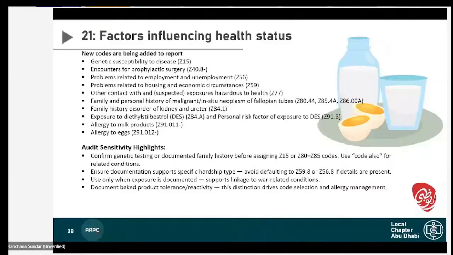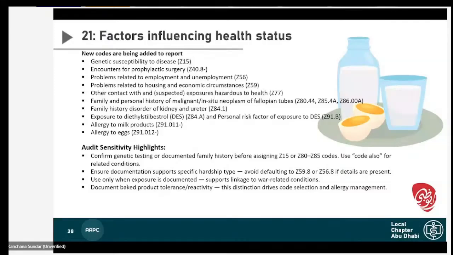I think genetic testing also gains so much importance when it is coded in factors influencing health status. So please ensure that the related conditions are also appropriately coded, understanding the conventions provided in each code. And ensure that the documentation of employment, unemployment, housing, and economic circumstances is coded appropriately.